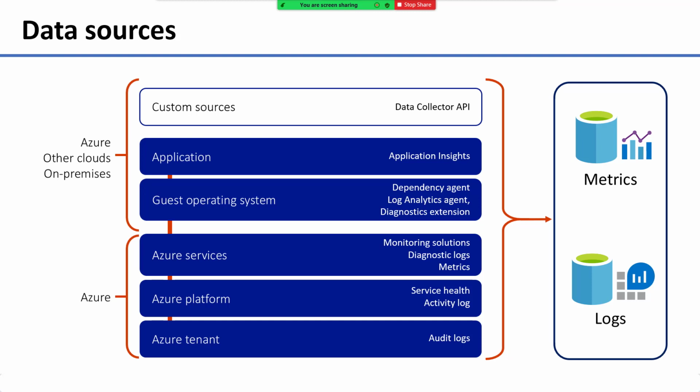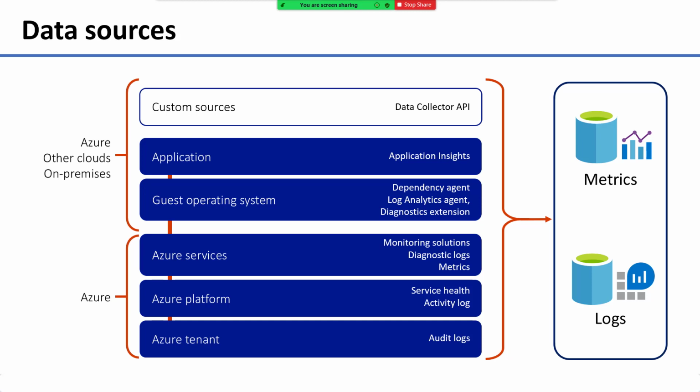You see the top three are Azure, other clouds, or on premise. They can be on Azure, on some other cloud, or on premise. The bottom three are Azure specific. For Azure services, meaning any service which you have created in Azure, we have monitoring solutions, diagnostic logs, and the metric data collector.